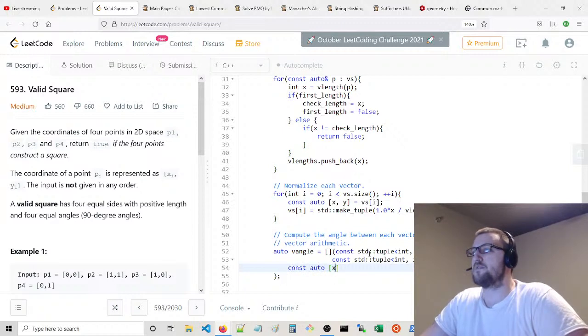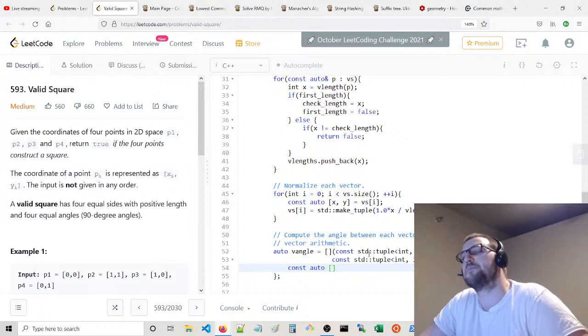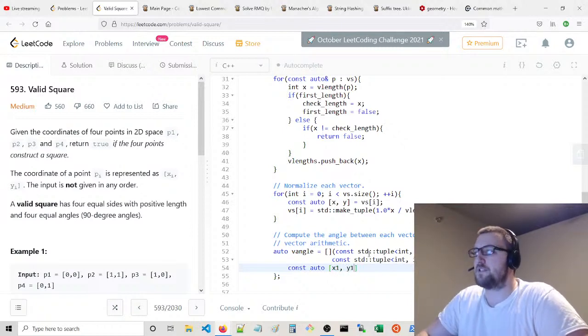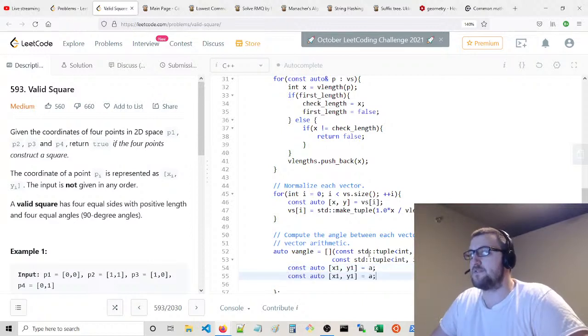Auto x1, y1 equals a, and x2, y2 equals b.